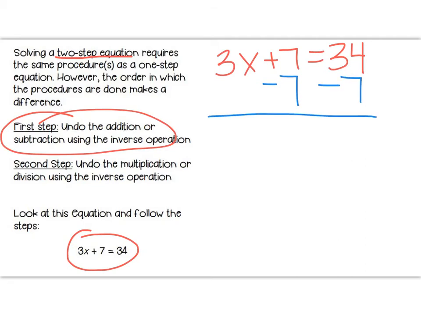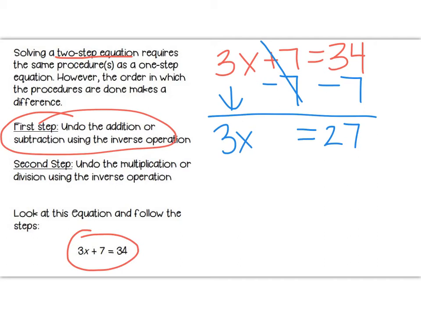Now in this case, I don't just have an x to bring down, I have a 3x to bring down. Adding 7 and subtracting 7 cancel each other out. I'm going to bring down my equal sign, and then I'm going to subtract 34 minus 7, and I'm going to get 27. Now my new problem is 3 times x equals 27.